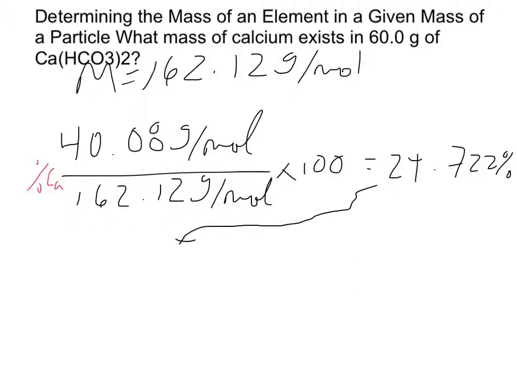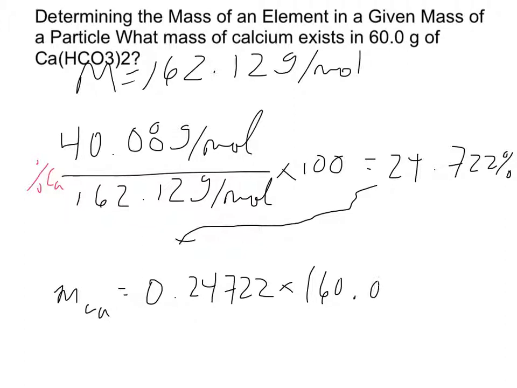And don't forget from grade 9 and 10 math, you can't do math with percents, you have to convert them to decimal. So to find the mass of calcium, you take this as a decimal, so 24.722% becomes 0.24722, multiplied by the total mass that we have, which is 60.0 grams. If you're wondering where I got that number from, it's up here in our question. I do that multiplication to get 14.83 grams.